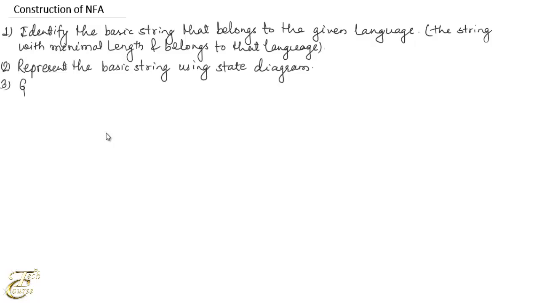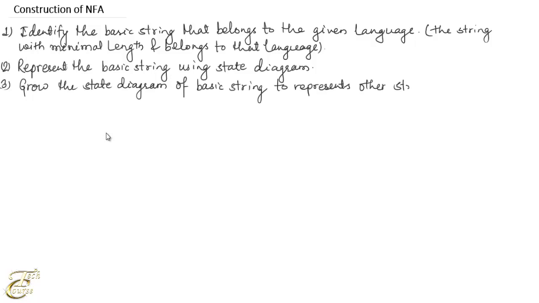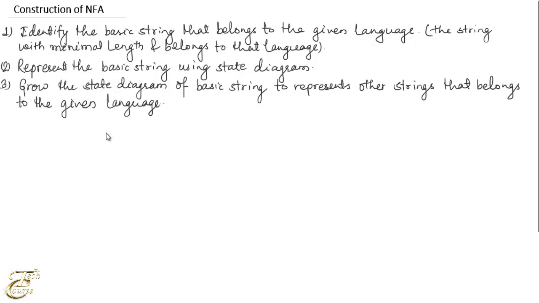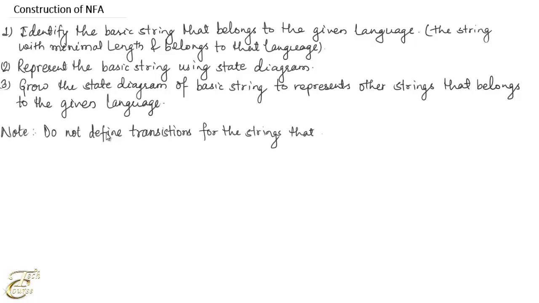Third, grow the state diagram of the basic string to represent other strings that belong to the given language. Note, do not define transitions for strings that do not belong to the given language.